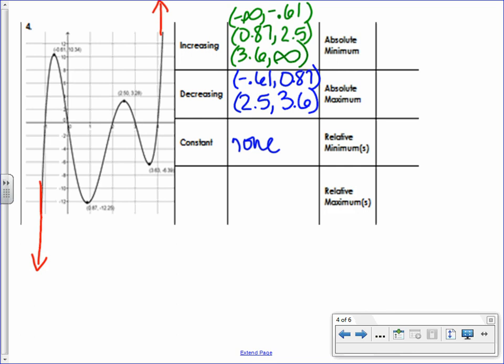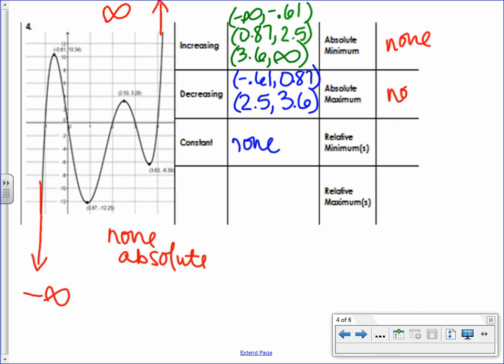So if I know that my y's are going to negative infinity and then positive infinity, once the infinities get involved, I know I don't have any that are absolute. None of mine are absolute, so I can go ahead and mark none and none. So my maximums and minimums are going to have to be relative.